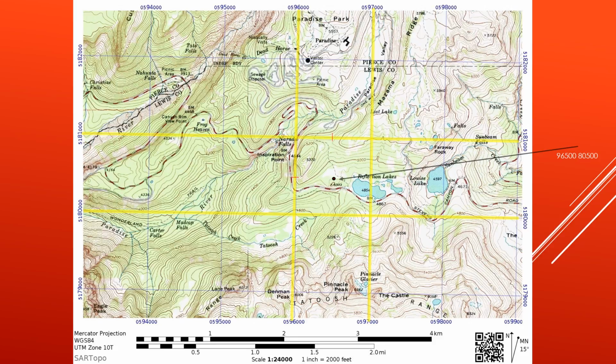Let's plot a different point now, and I'm going to plot this point right here at the sewage disposal plant, and note that that is between the 95 and 96 lines and between the 81 and 82 lines in this box that I'm drawing right now.